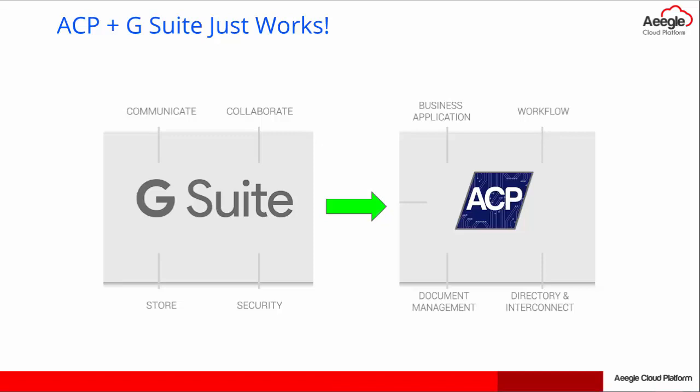While G Suite is focused on communication, collaboration, storage and security, ACP is focused on business applications, document management, external system integration, universal directory, workflows, etc. And that is how they complement each other and give you more possibilities or more resources for you to enjoy and to get the most out of the cloud for your company with G Suite and ACP.